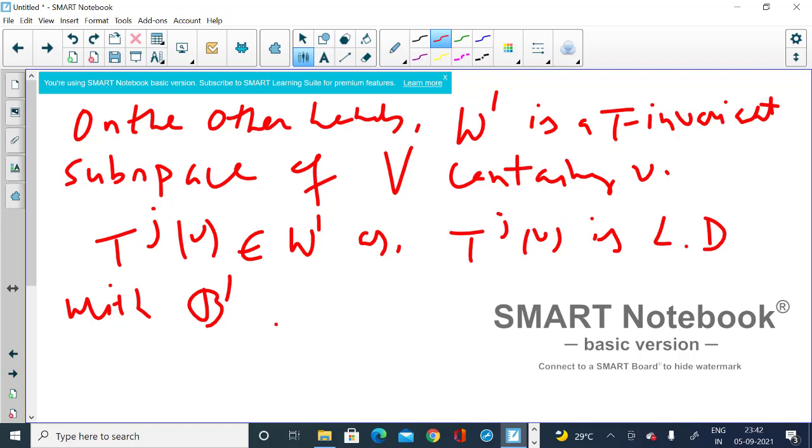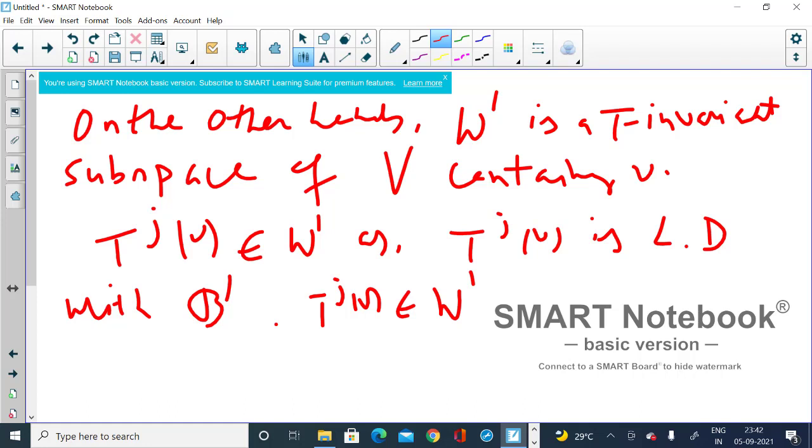Thus T^j of v is an element of the span of B dash, which is W dash. This is obvious, right? Now T^j of v is an element of W dash, and you also know that W dash is the span of B dash, whose elements are v, Tv, up to T^(j-1) v.